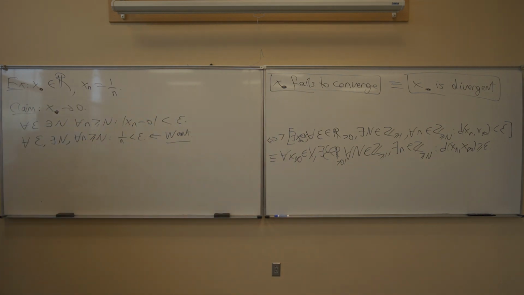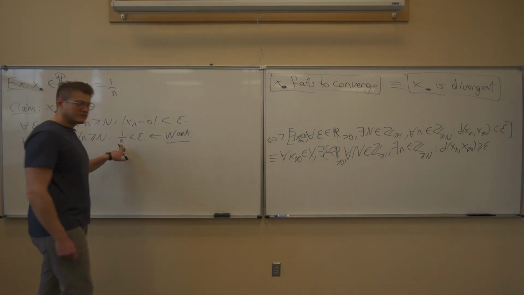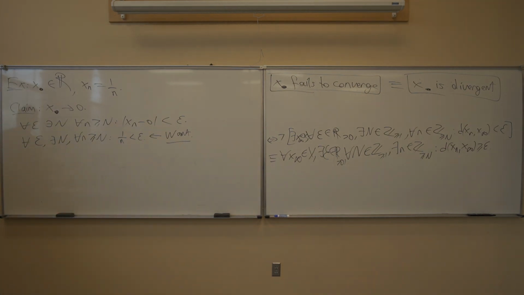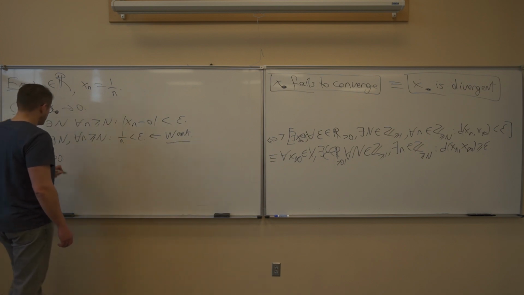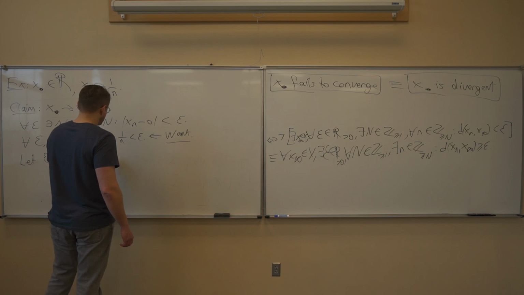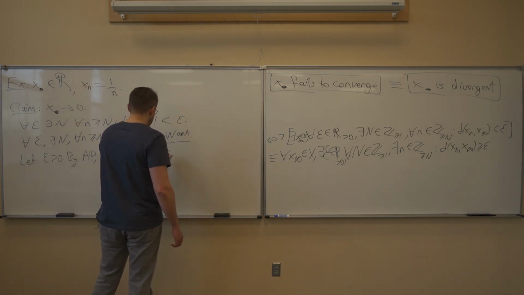If I were to take an arbitrary positive epsilon, one of these 4 principles tells me that there is a number like this, less than it. What was it? The Archimedean principle. There's an N such that 1 over N is bounded by epsilon.